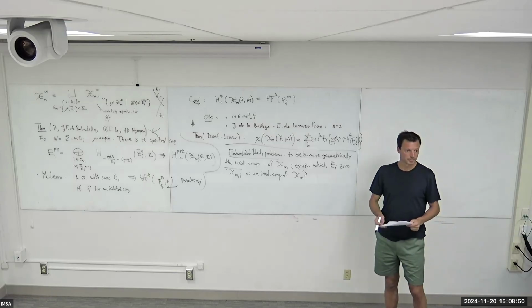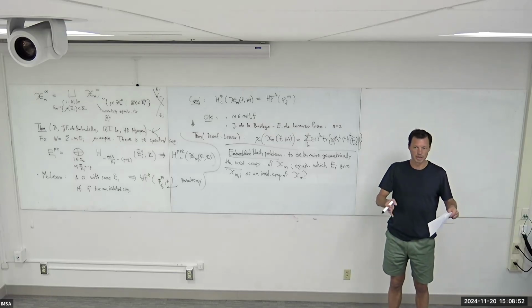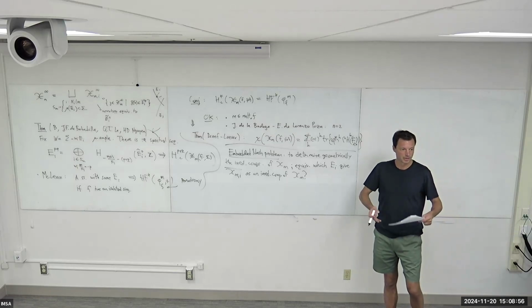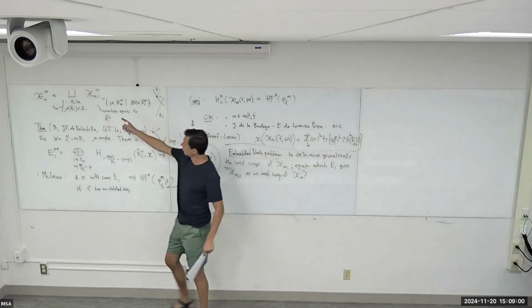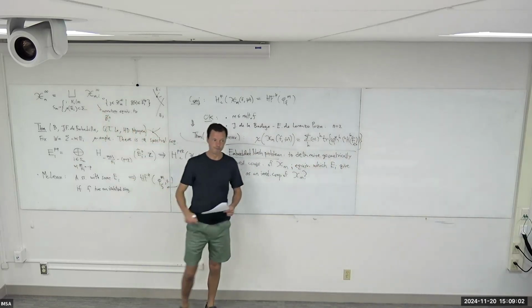And in fact, studying pieces on which you can make sense of this bijection, in terms of fibration and so on, that you understand, is exactly the content of this statement.